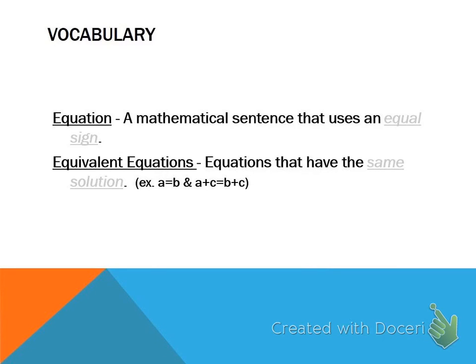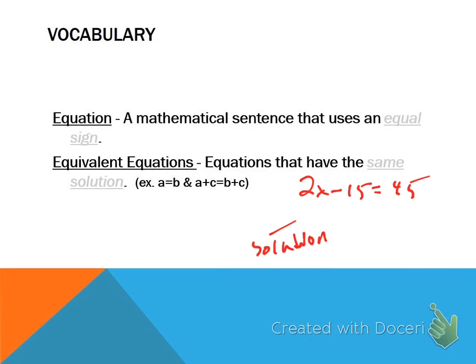When we solve equations, we are actually creating equivalent equations. Equivalent equations are equations that have the same solution, right? And so an equation like 2x minus 15 equals 45, remember that a solution is any number that you can plug in for the x to make this sentence true, to make this equation true.